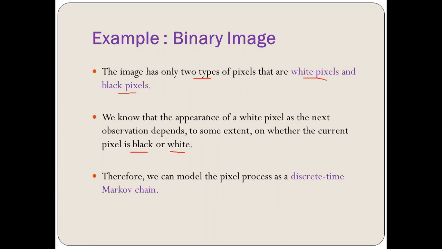Let's say the current pixel state is black. How do we define whether the next one will be black or white? That will somewhat depend on the observation of the current state. Therefore, we can model the pixel process with the help of a discrete time Markov chain model.